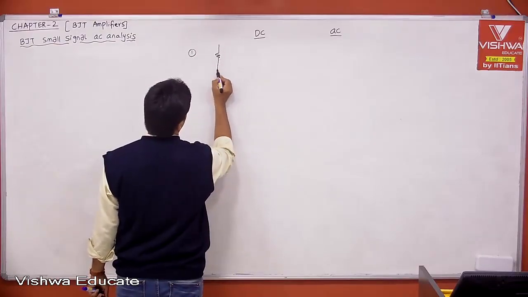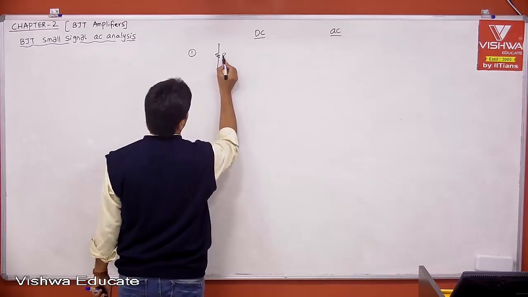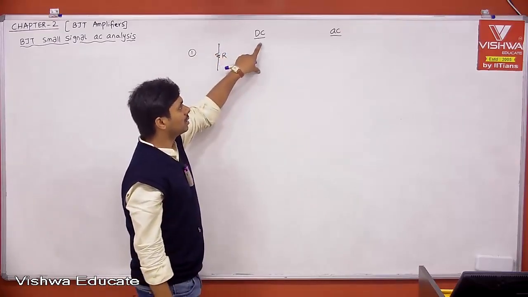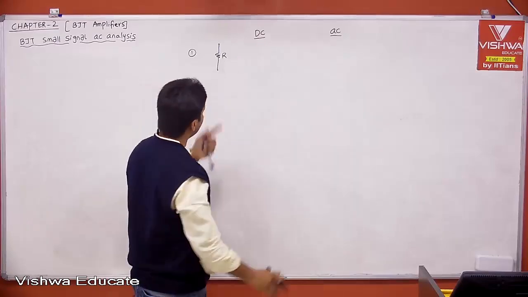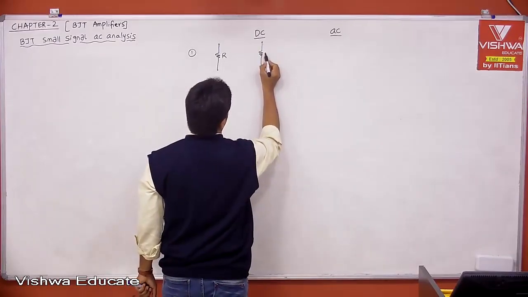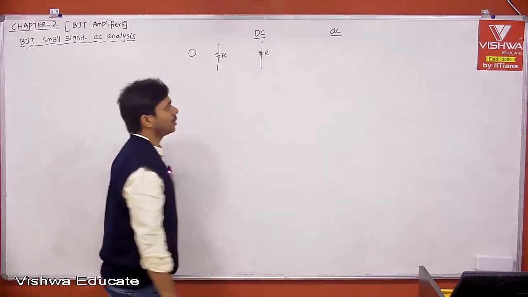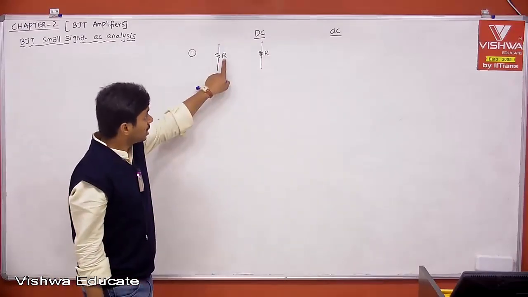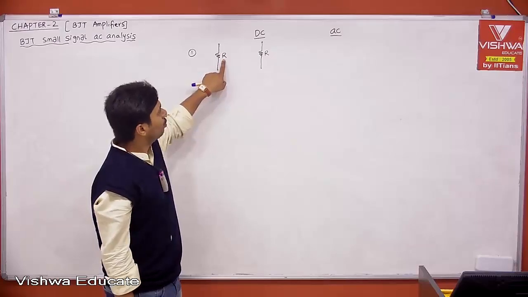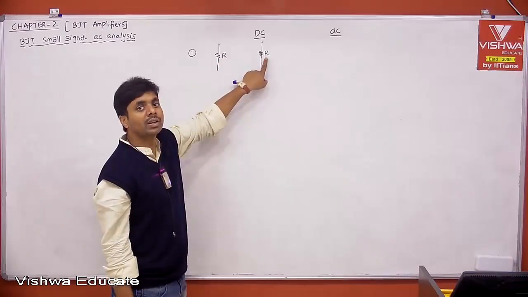Now, when I say resistor, tell me, under DC, how is it represented? Resistor only. It won't change, because the resistance value won't change with respect to frequency.